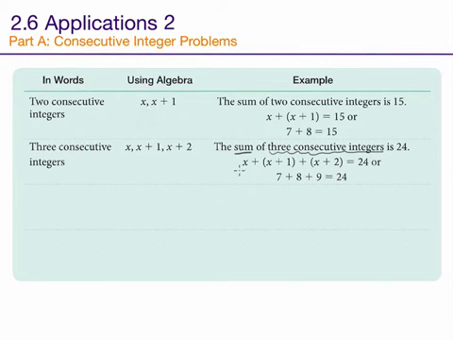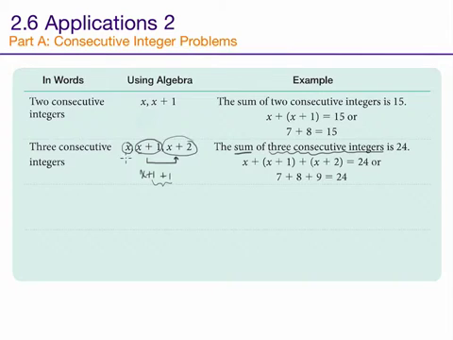Well, if the first integer is x, the next consecutive integer is x plus 1, as we talked about up here. The next one after that is this integer plus one more. I could write x plus 1 plus 1, and then combining like terms, I get x plus 2.